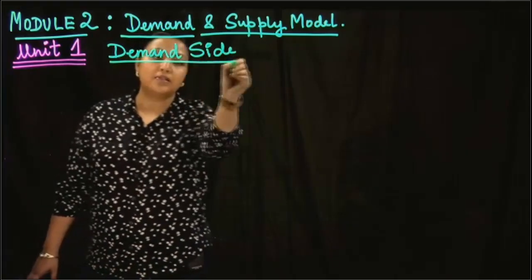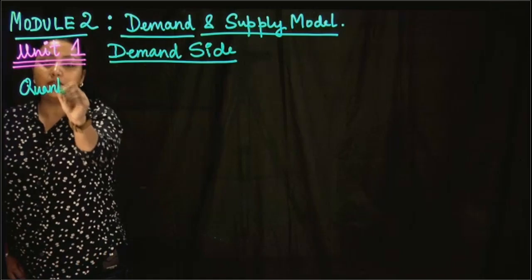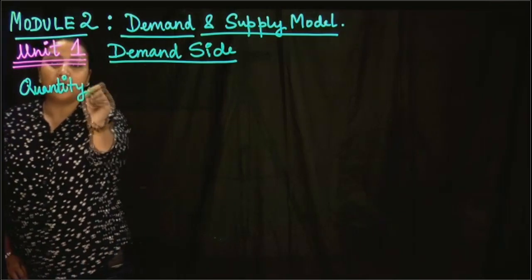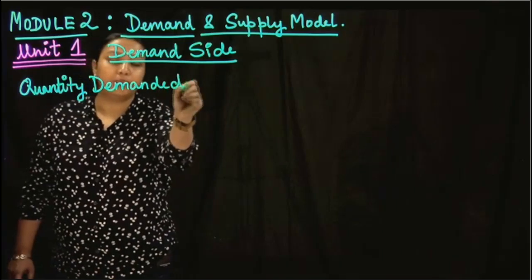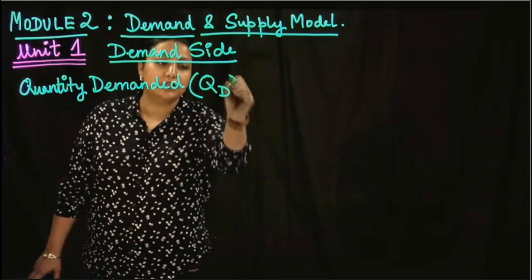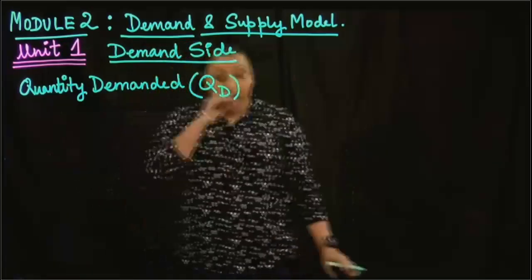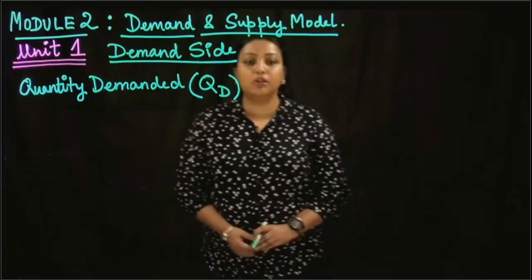Now on the demand side we are going to talk about the quantity demanded by the buyers, and this quantity demanded is denoted as Q with the suffix D. So the quantity demanded is what the buyers are willing and able to buy.